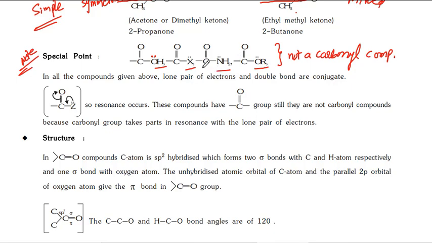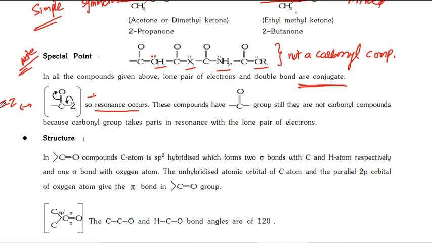Why? Because in these groups, due to resonance, the lone pair and the pi bond are in conjugation, so resonance is possible. Due to this resonance, the bond becomes like this: C single bond O minus, with a double bond in between Z and C.